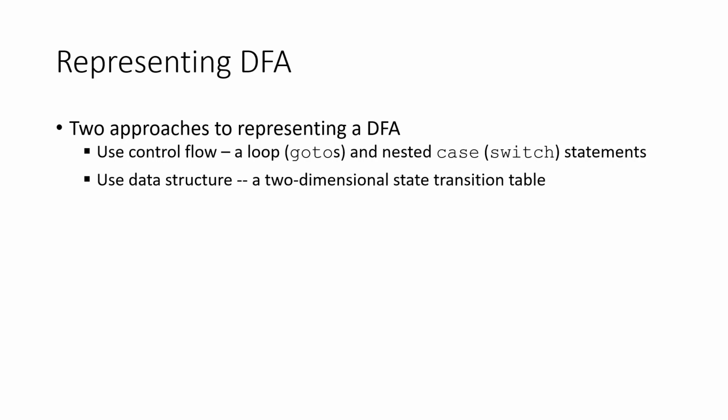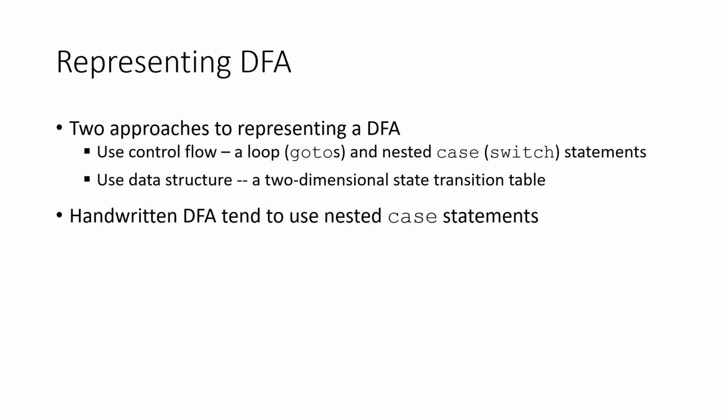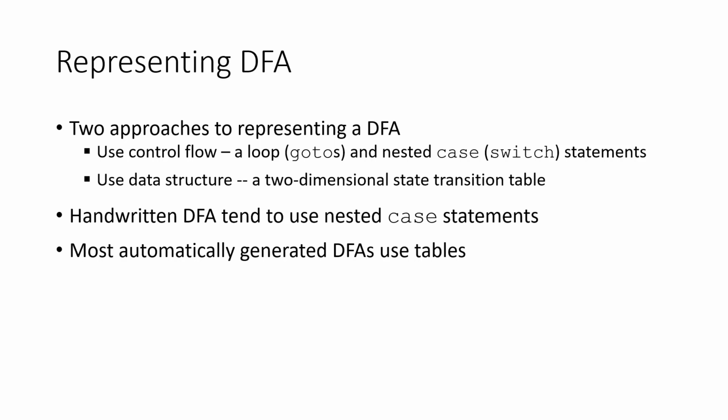The other way uses a data structure that is a two-dimensional state transition table. As a general rule, handwritten automata tend to use nested case statements, while most automatically generated automata use tables.